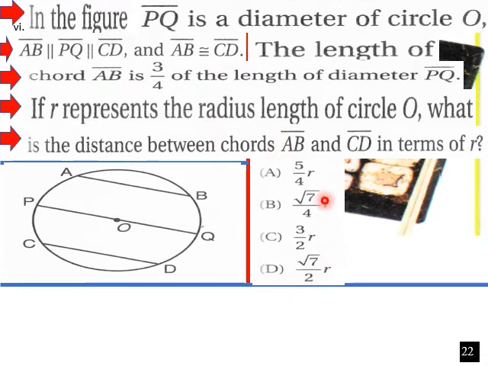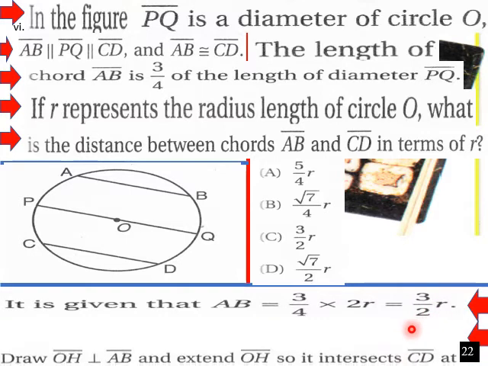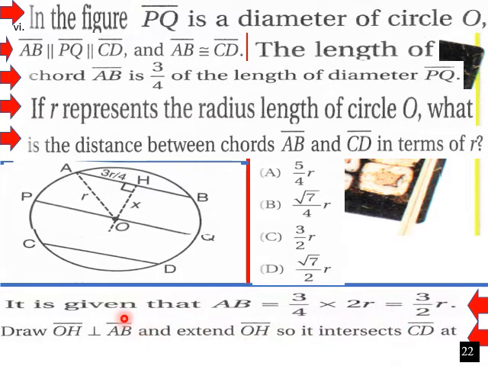And then here are our choices here. In terms of R, it is given that AB equals 3/4 times 2R. So AB right here is 3/4 times 2R, because this is 3/4 of the diameter, which equals 3/2 R. So draw OH perpendicular to AB, because this is a chord here.